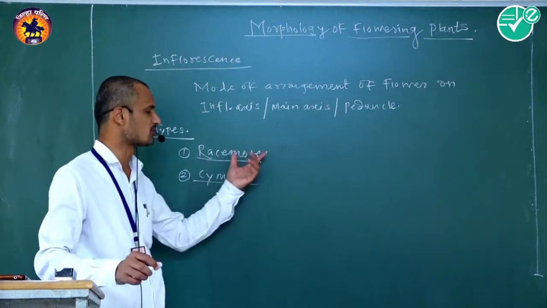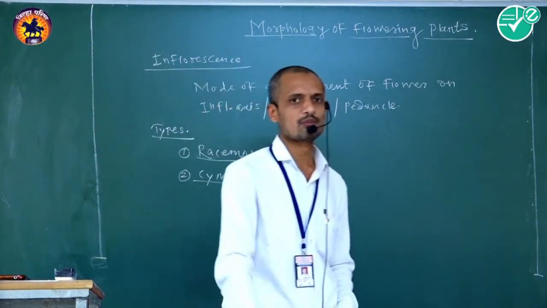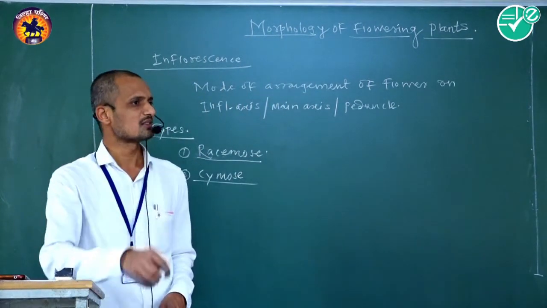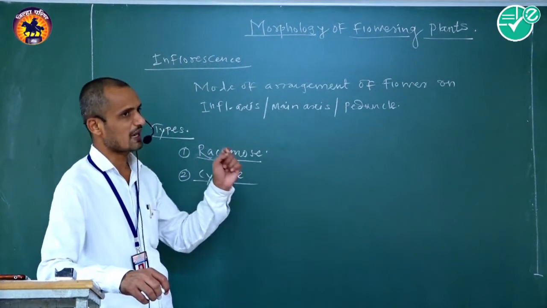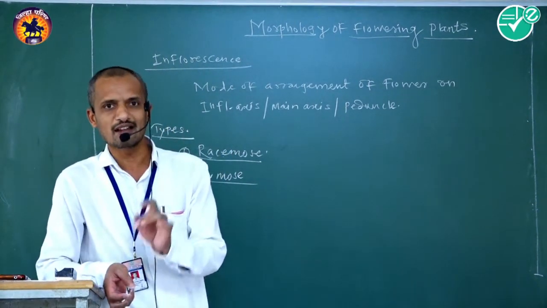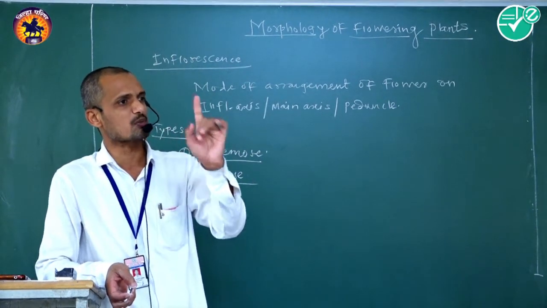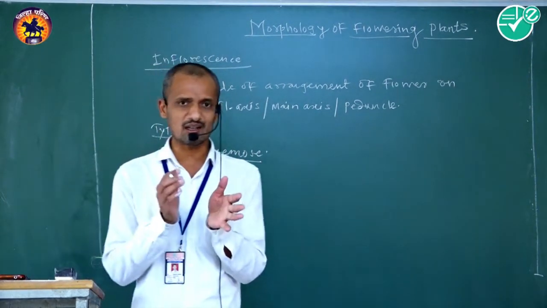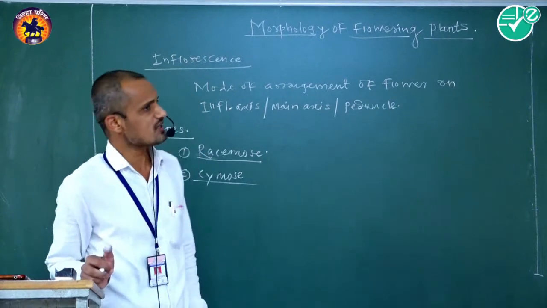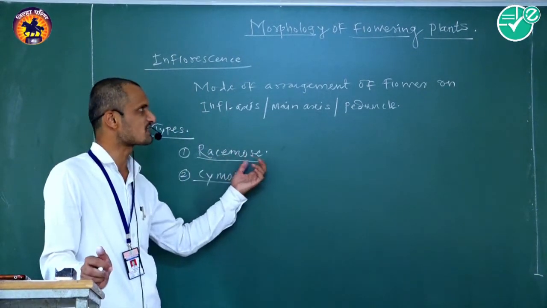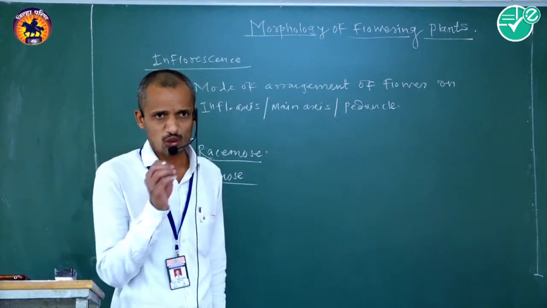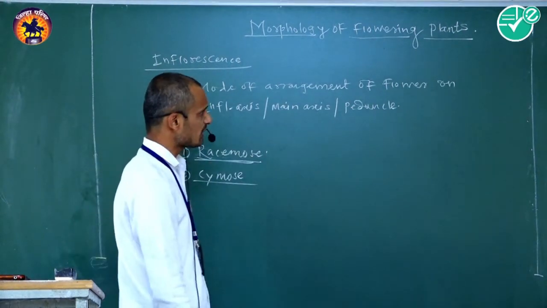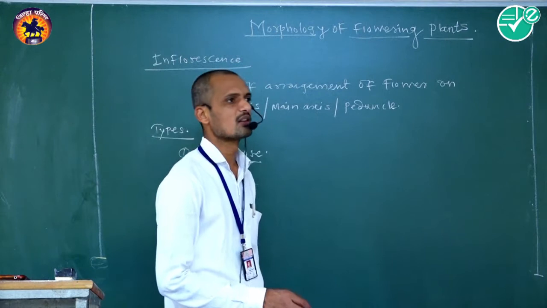First one is racemose. In this type, the arrangement of flowers takes place in such a way that the older flowers are present at the base portion and younger flowers are present at the apex portion, that is acropetal order. This phenomenon is commonly called racemose inflorescence.